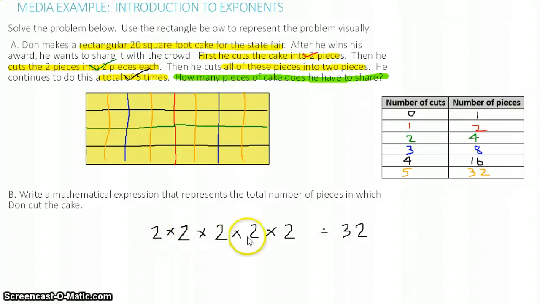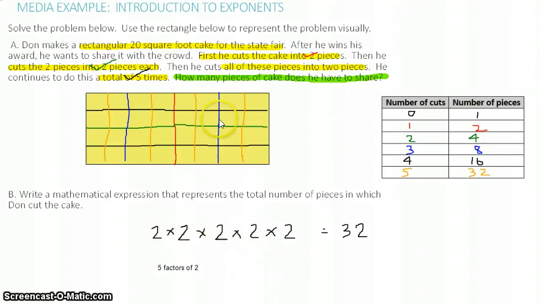Now, you may have noticed writing this is a little bit cumbersome. You can imagine if you cut the cake 20 times that this would be really, really tedious. So notice what we have here is 5 factors of 2. So remember, we call the numbers that we're multiplying factors, and here our factors are the same, they're all 2, and we have 5 of them.